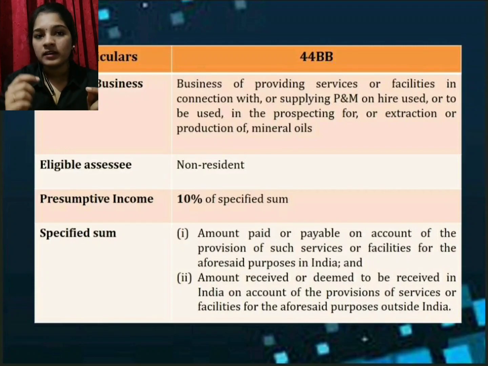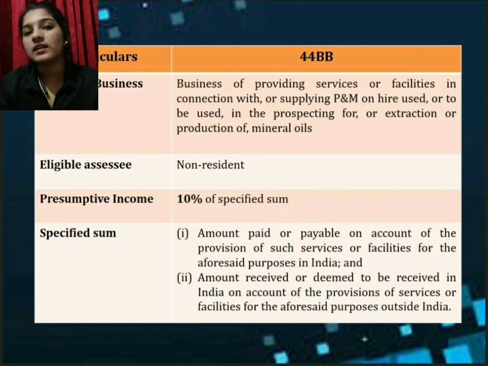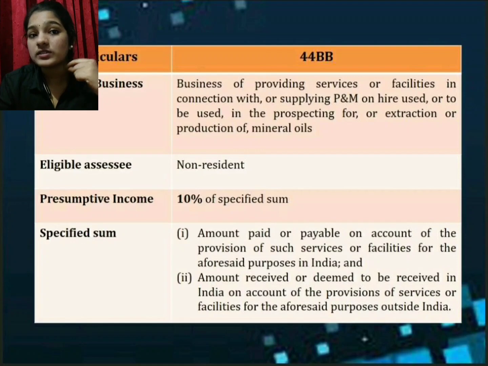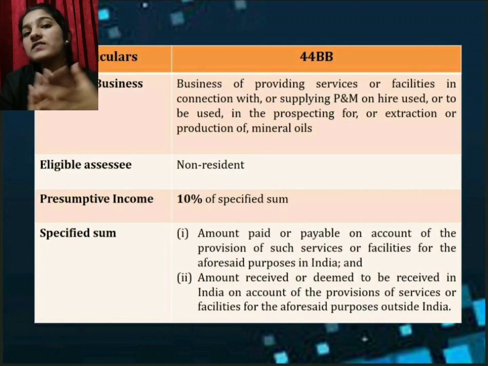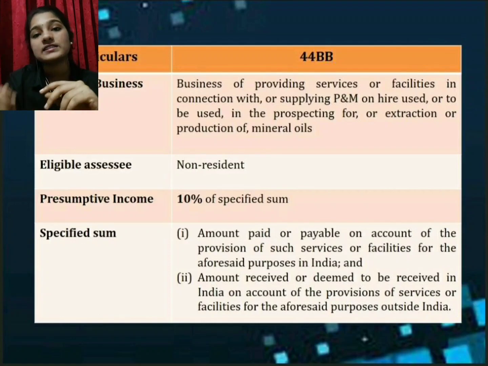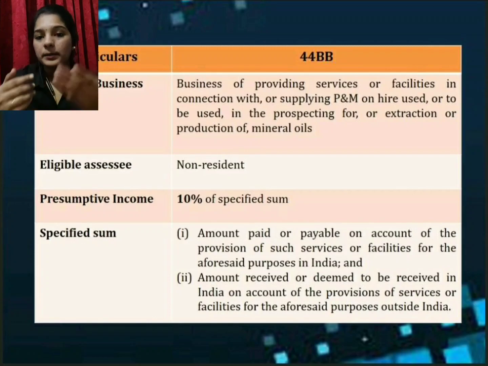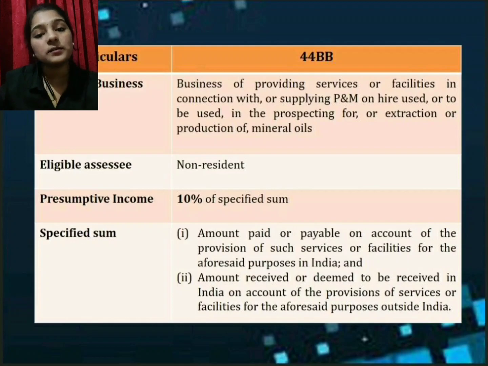Just be clear that here the assessee need not be engaged in the business of extraction or production of mineral oils. He should be engaged in the business of providing services in connection with or supplying plant and machinery on hire in connection with the extraction or production of mineral oils. The business of extraction or production of mineral oils may be the business of any other person.